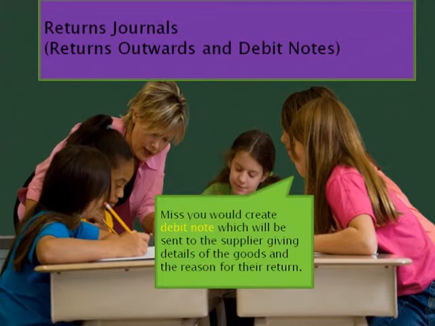So credit notes are sent to what? Customers, allowing for goods to be returned to us. While now we are seeing what a debit note is for. A debit note is sent to the supplier, giving them reasons why we, the business, are returning the goods to the supplier. It may be for a variety of reasons.